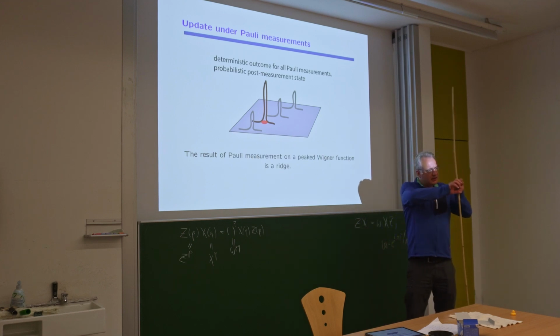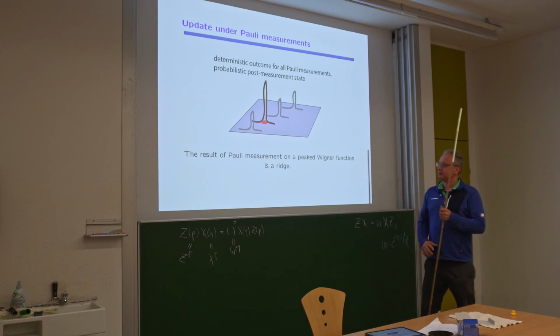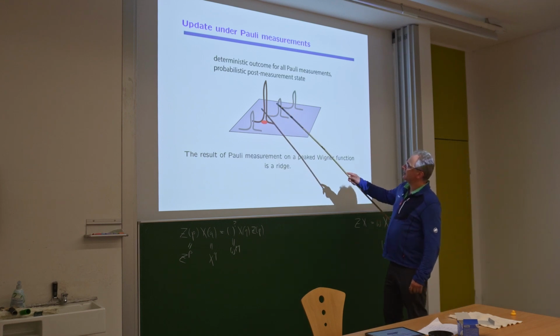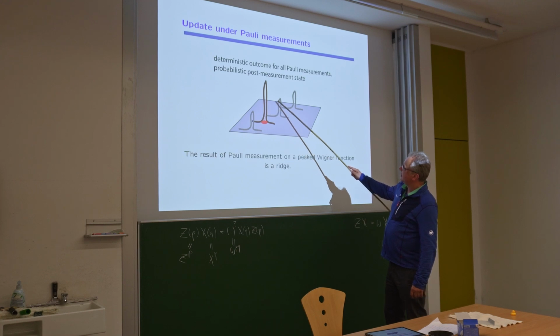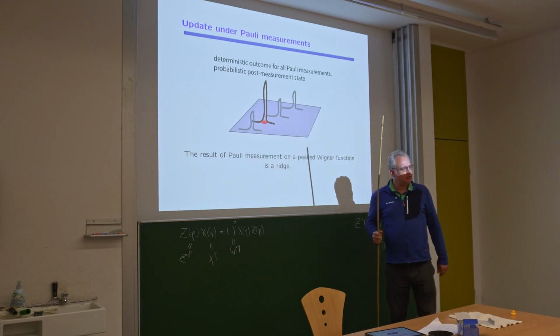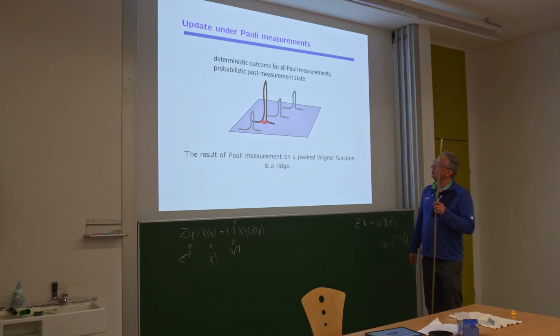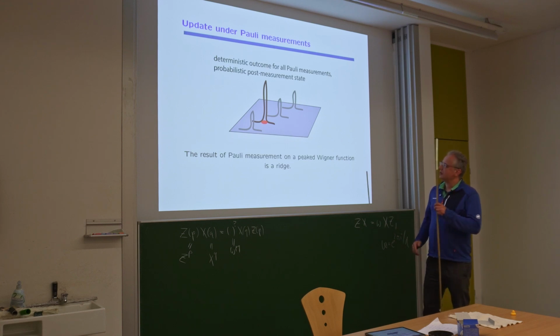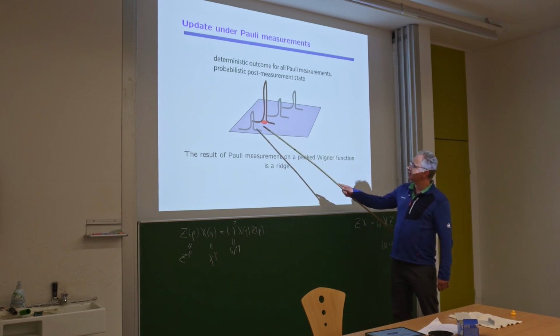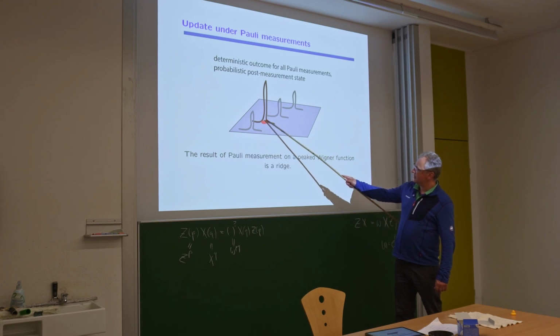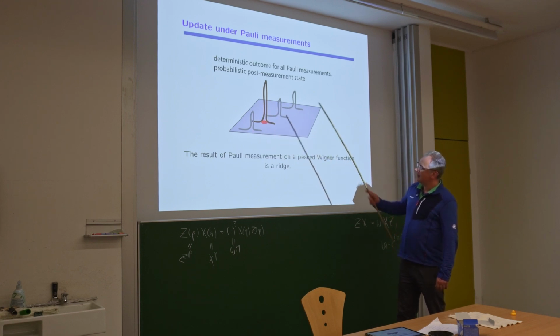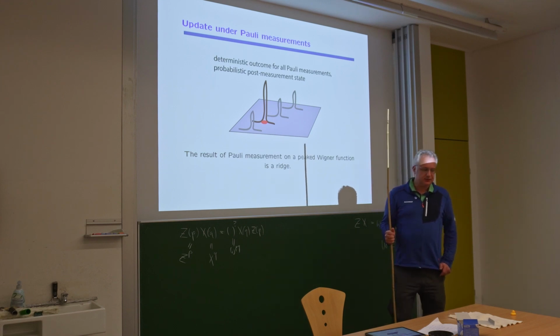So it spreads in some direction in phase space. And after the measurement, you have the same height everywhere. And so it's basically randomly located. Your system is basically randomly located in one of these points in phase space after the measurement.